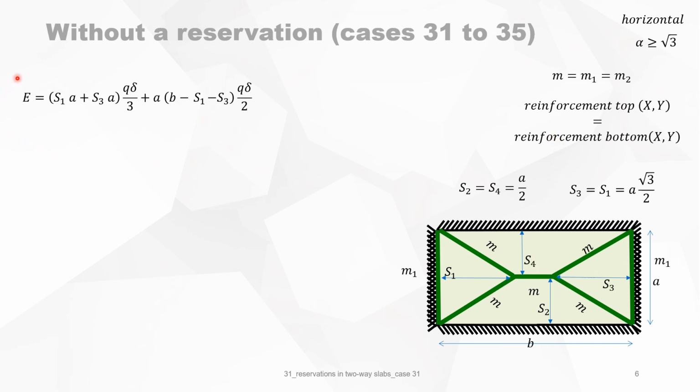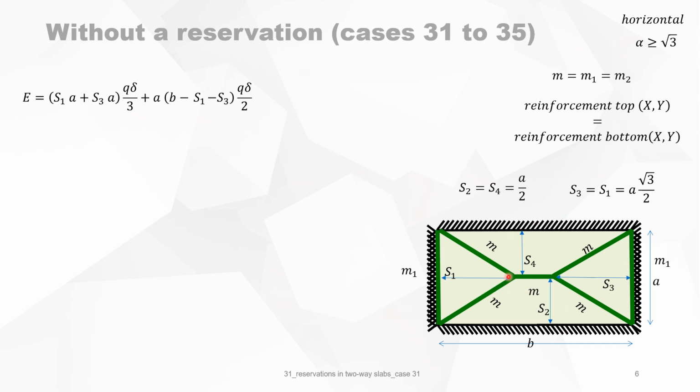The work done by the external forces can then be calculated. It is the summation of the triangle areas, and it's equal to S1 times A, and on the other side S3 times A, and the mean deflection is delta over 3 because of the triangle.